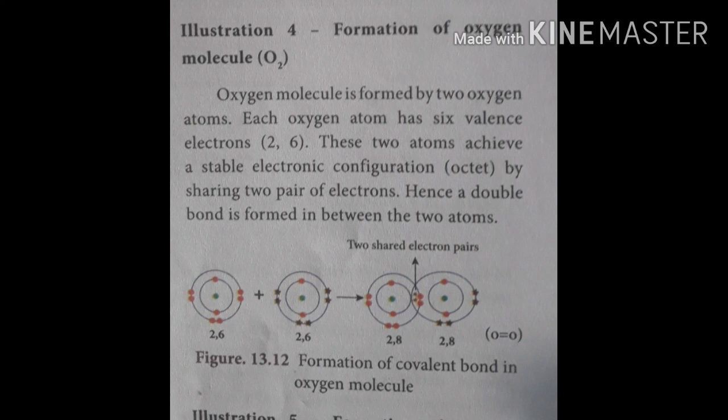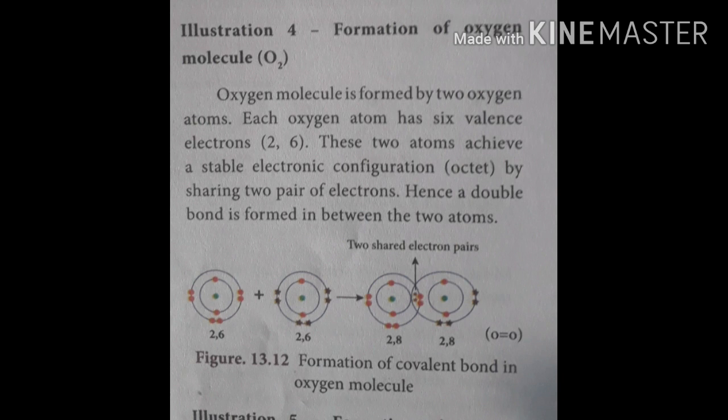Okay, let us move on to illustration 4, the formation of oxygen. Oxygen is also a diatomic molecule. We can write the oxygen molecule as O2, in which it contains 2 oxygen atoms. The electronic configuration of oxygen is 2, 6, in which it has 6 valence electrons, because the first shell consists of 2 electrons and the second shell consists of 6 electrons.